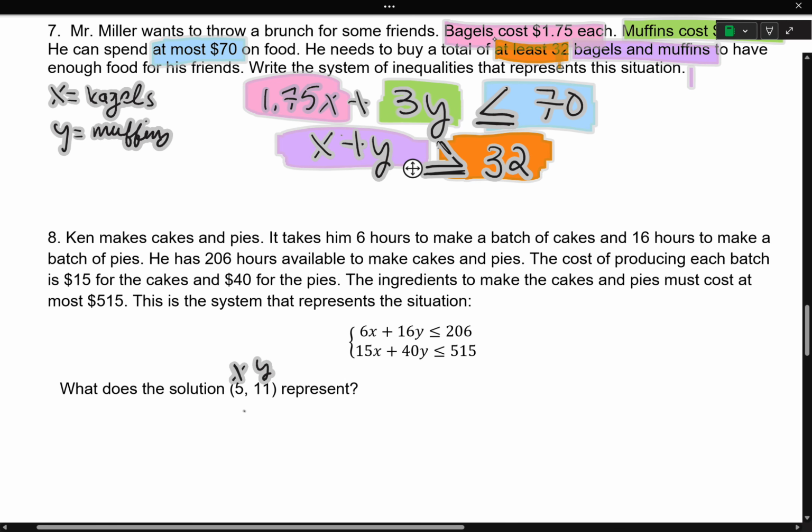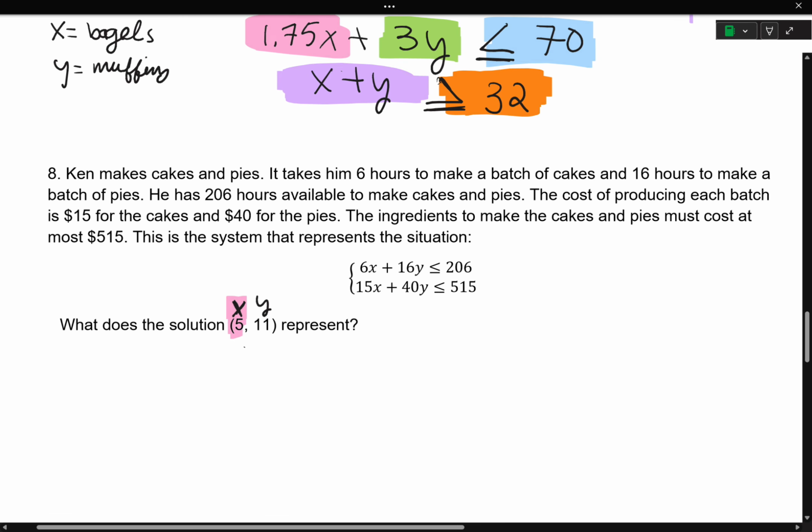For x, I see 6x and 15x. What does 6 connect to in this problem? It looks like it's connecting to 6 hours for cakes. And what does the 15 connect to? 15 for cakes. Okay, so my x's represent cakes.